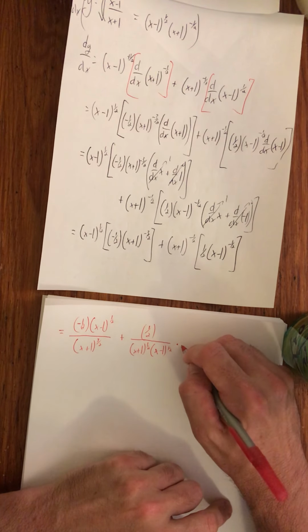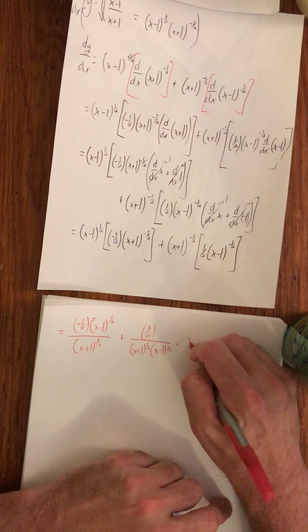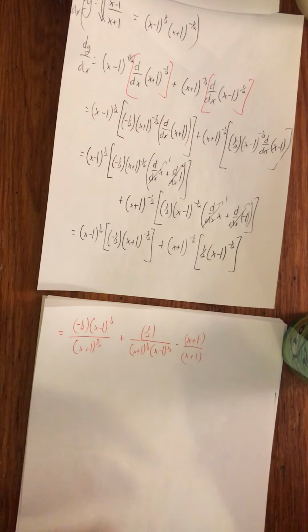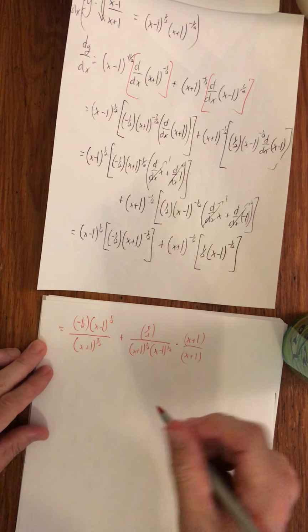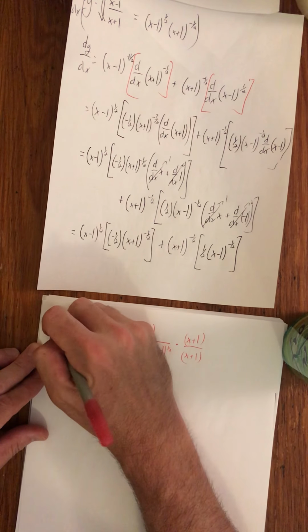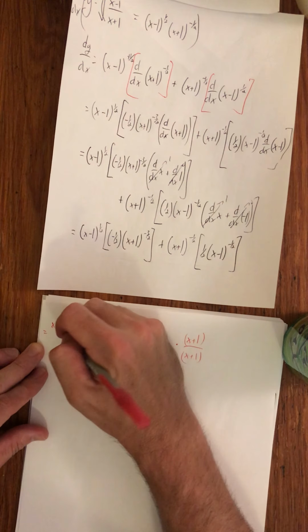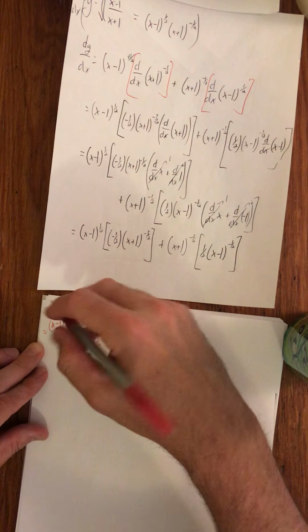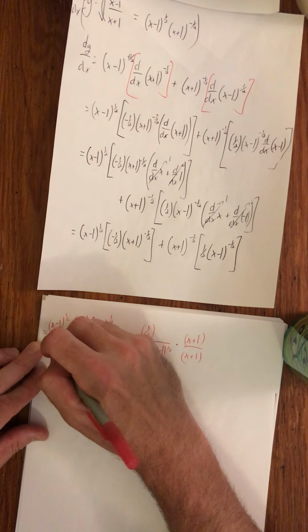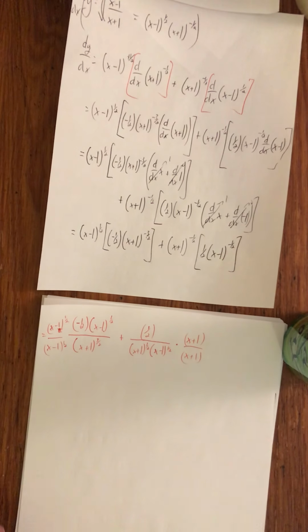I should have been multiplying the second term by x plus 1 over x plus 1, not x plus 1 to the 1/2. Oof. And then this term gets multiplied as I did before with x minus 1 to the 1/2 over x minus 1 to the 1/2.